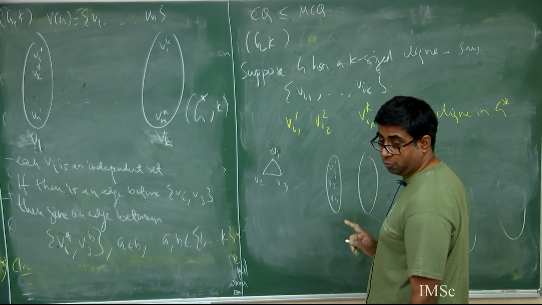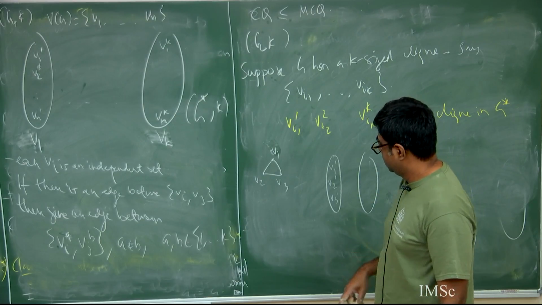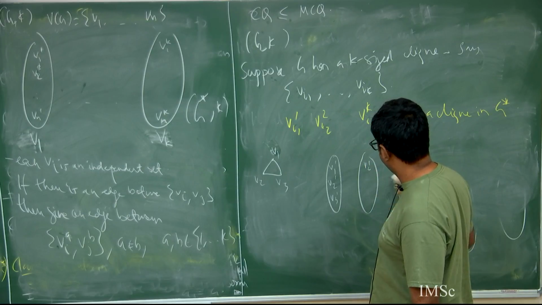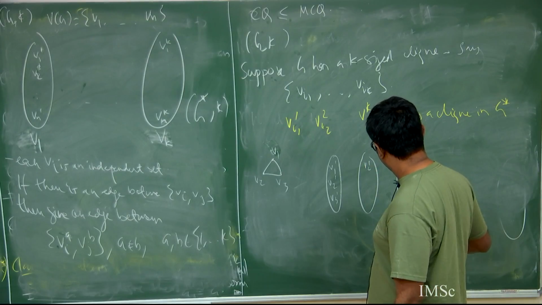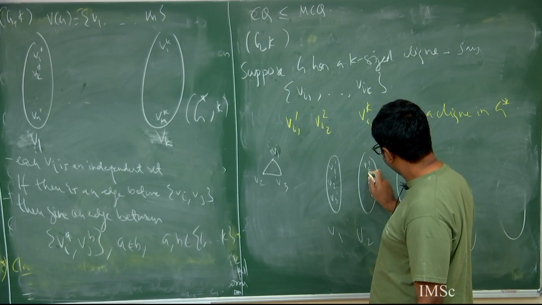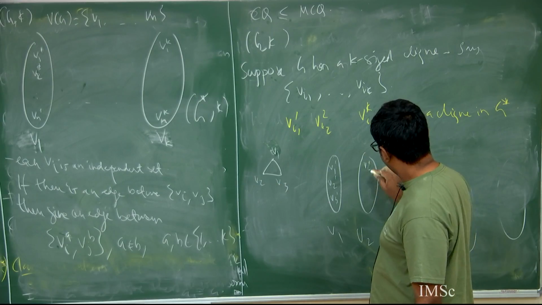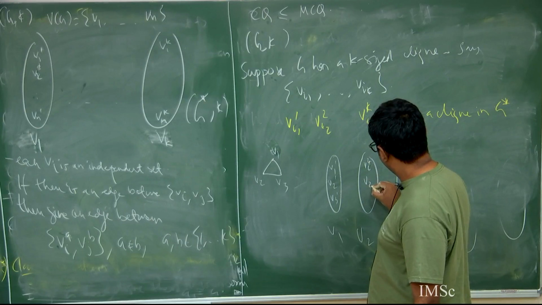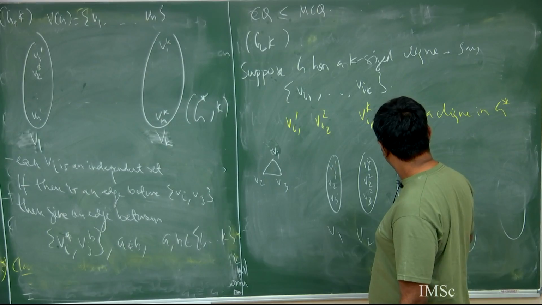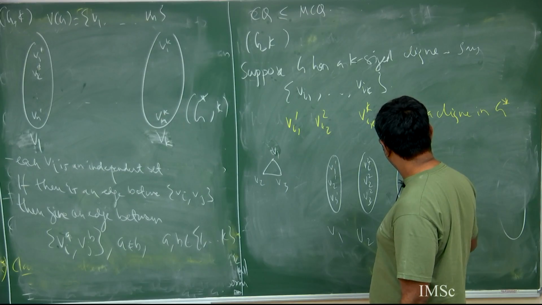Now there is a second copy of this vertex set. Let's make it even a third copy so that we can capture this triangle: V1 2, V2 2, V3 2, V1 3, V2 3, V3 3.